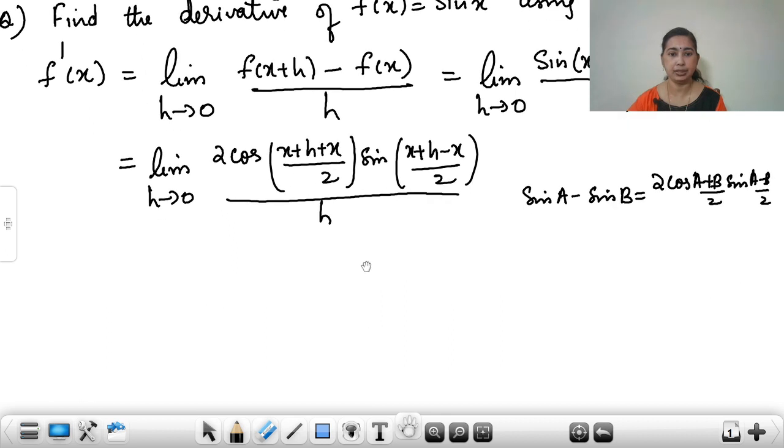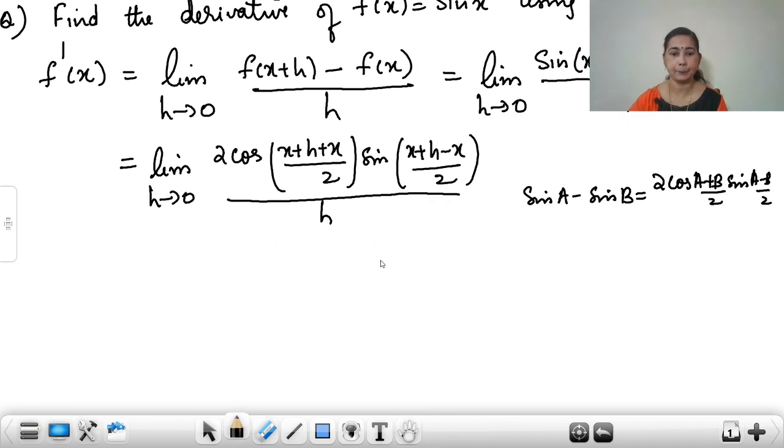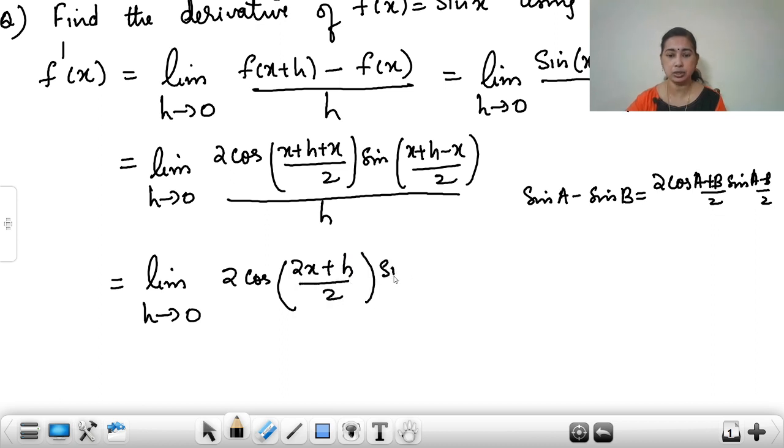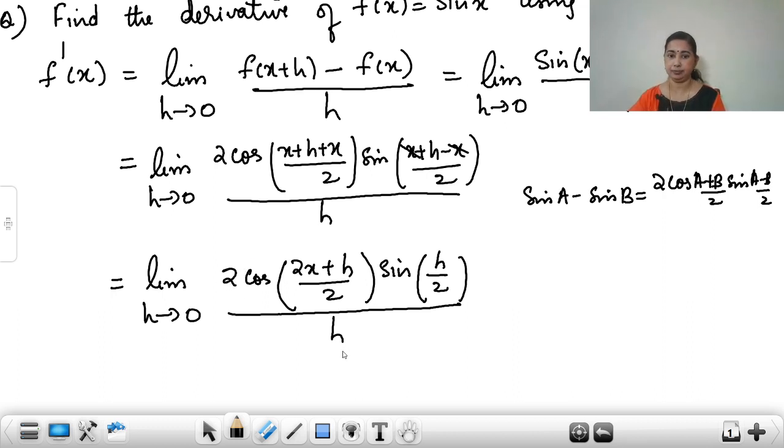Now we have to simplify this. That is equal to the limit as h tends to 0 of 2 cos((2x + h)/2) into sin, here x and minus x will get cancelled, remaining h/2, whole divided by h. Now this 2 we can bring to the denominator.